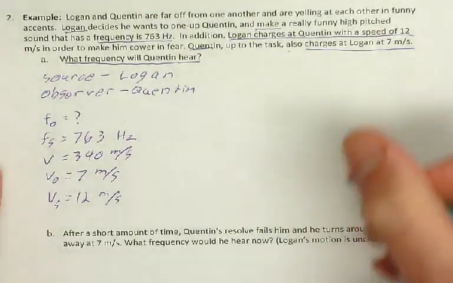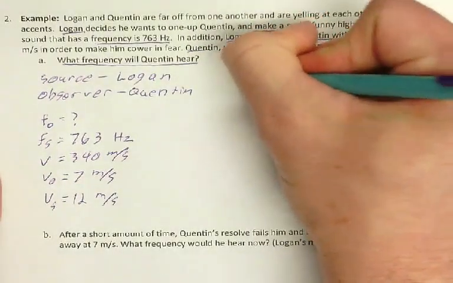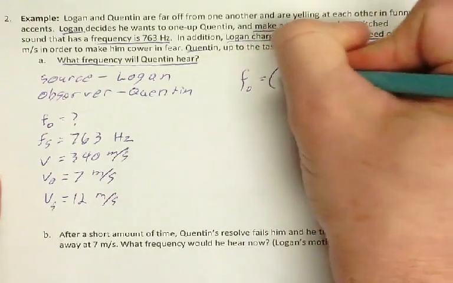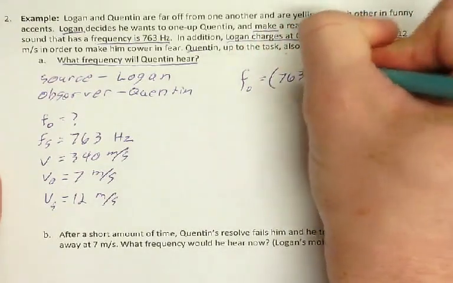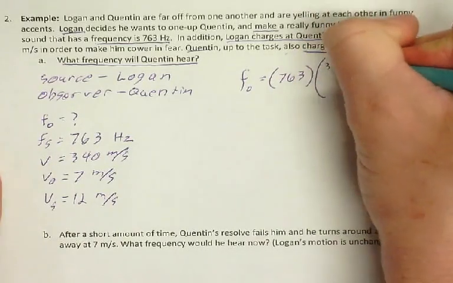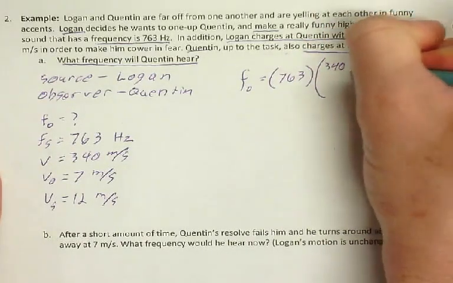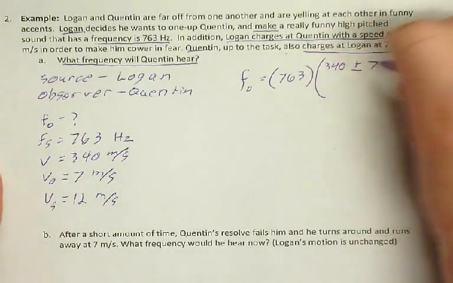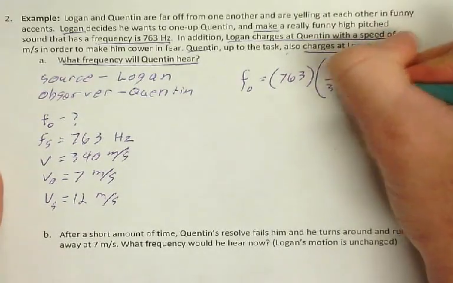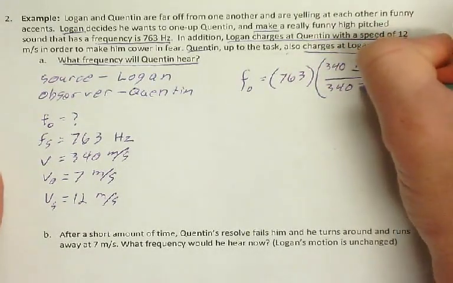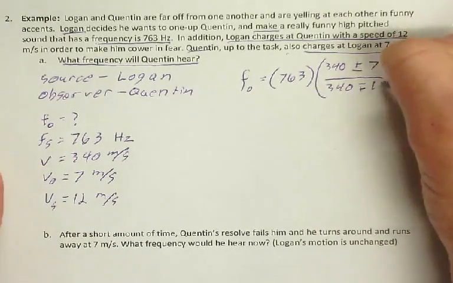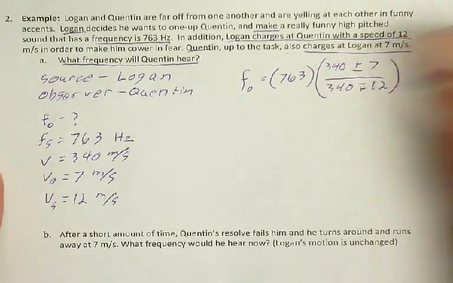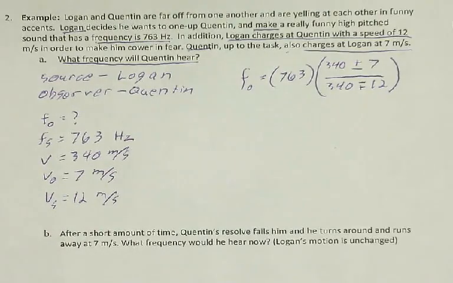And that equation is FO equals FS, which is 763, times V, which is 340, plus or minus, just write it as plus or minus for now, VO, which is 7, over V, which is still 340, minus or plus, notice I'm leaving it like that for now, 12, the VS. So there's my setup: 763 times 340 plus or minus 7 divided by 340 minus or plus 12.